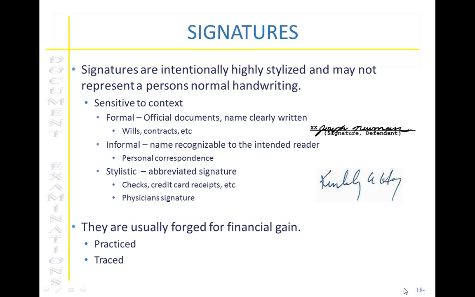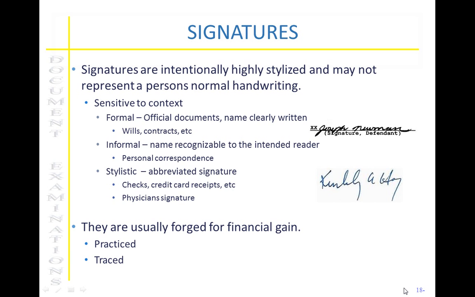If we talk specifically about signatures, usually this is going to be a very intentionally highly stylized representation of that person's normal handwriting. And it also can change depending on the specific document that that signature might be on.